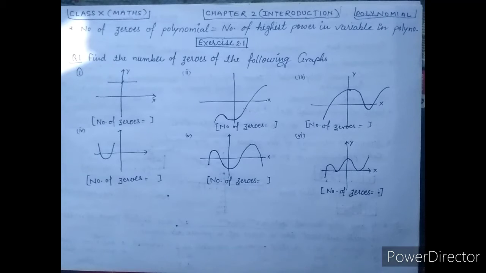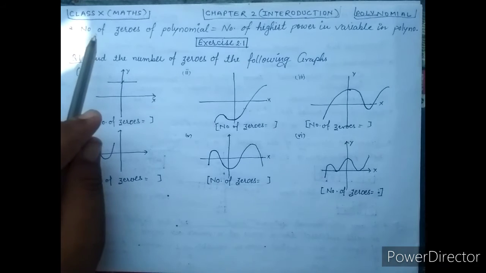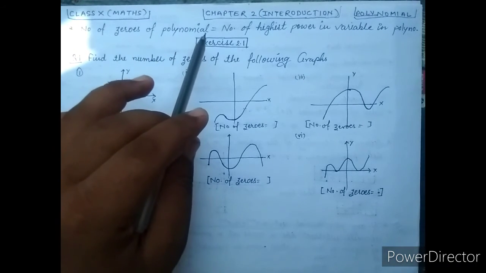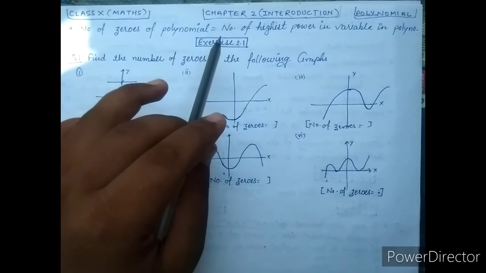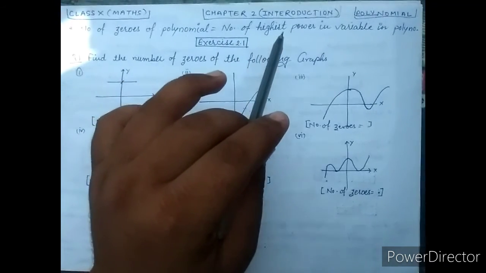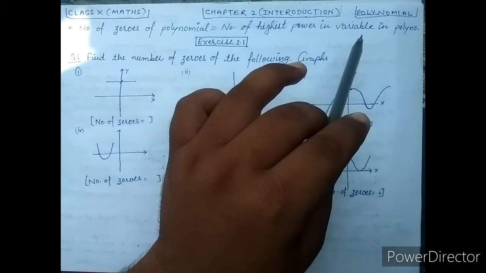One more important point is how to find the number of zeros in any given polynomial. So this is your point. Number of zeros of any polynomial is equal to the highest power of the variable in the polynomial.